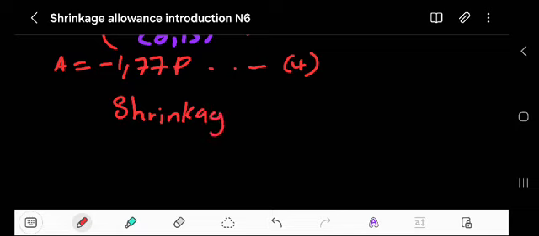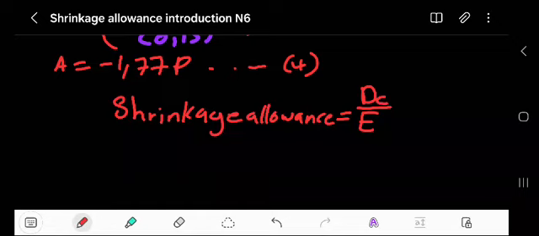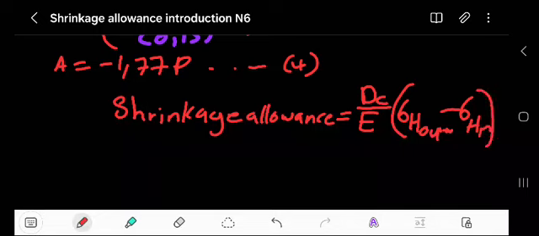Shrinkage allowance. We know the shrinkage allowance is given by the formula: the common diameter over E. Then remember, we must deal with the hoop stress. The hoop stress of the outer diameter, outer part, minus the hoop stress of the inner. I've talked about this.